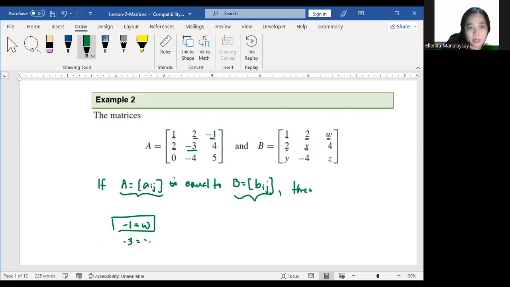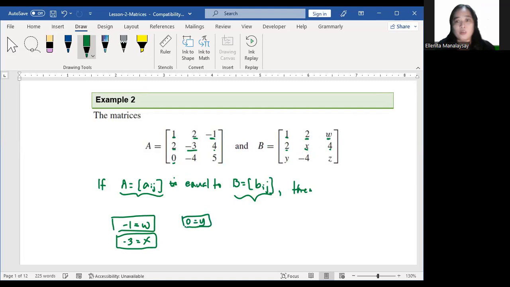Now we are getting the specific values of the variables so that the statement matrix A is equal to matrix B. Second row, third column, 4, that's correct. Now we are heading to the third row. First column, 0 is equal to y.